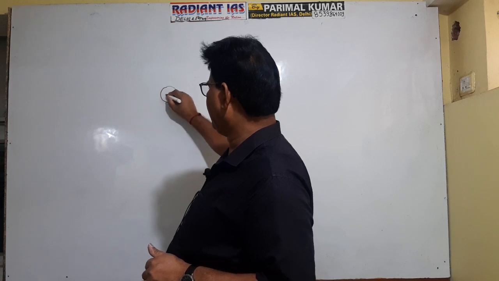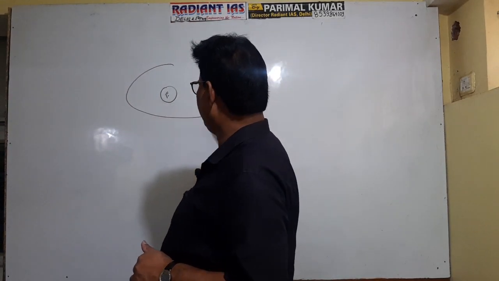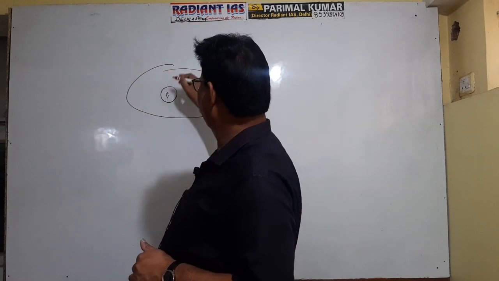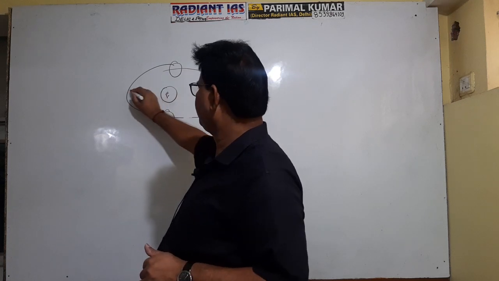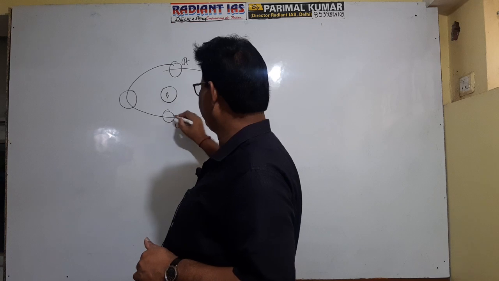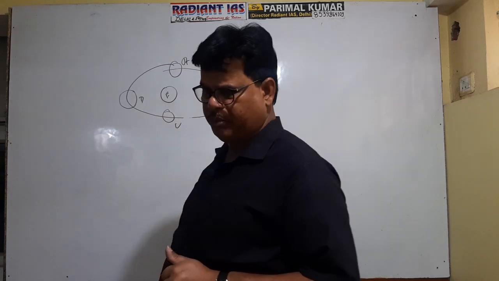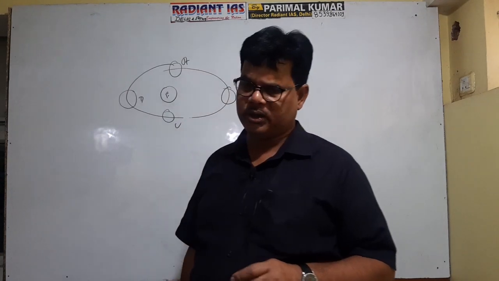Suppose this is the earth, and the moon revolves around the earth in an elliptical orbit. This may be the position of the earth, and these may be the positions of the moon: A, B, C and D. In the case of A and C, the moon is closest to the earth.